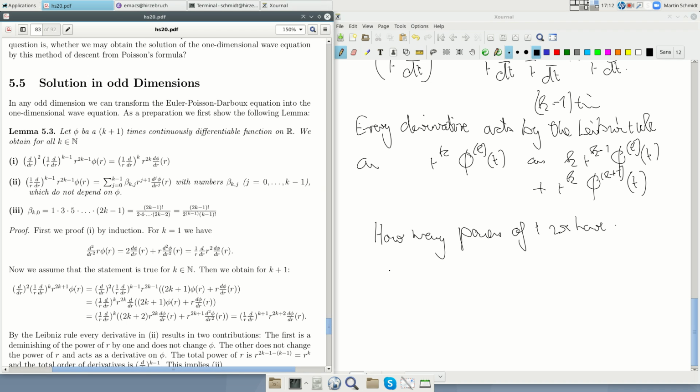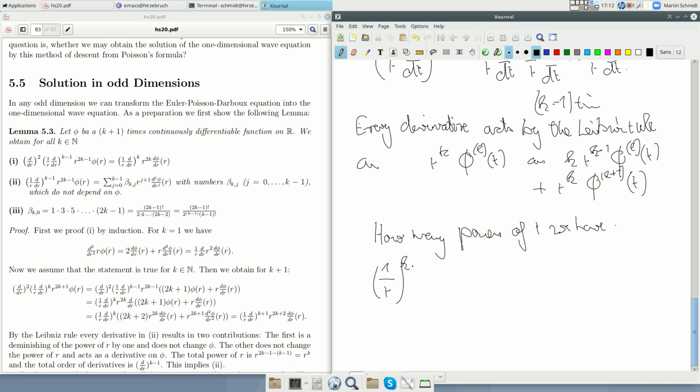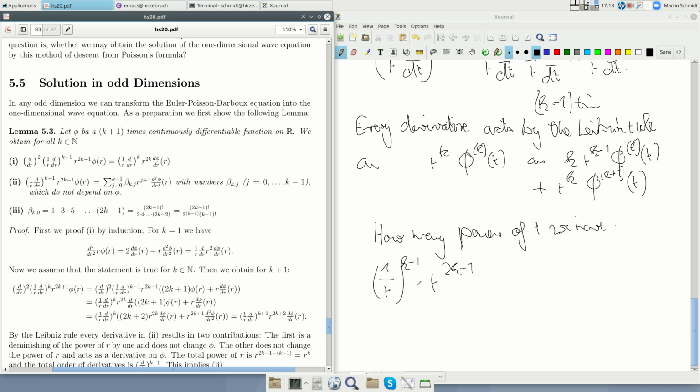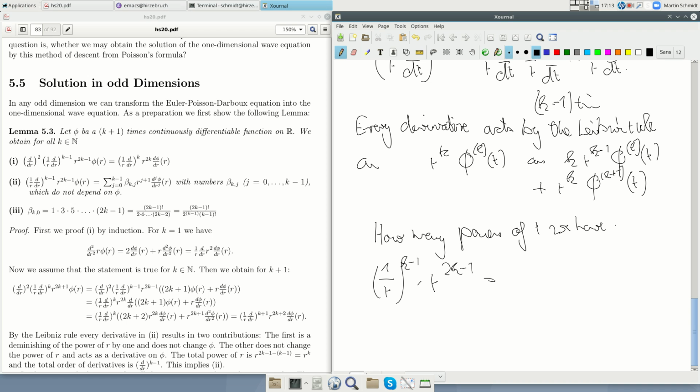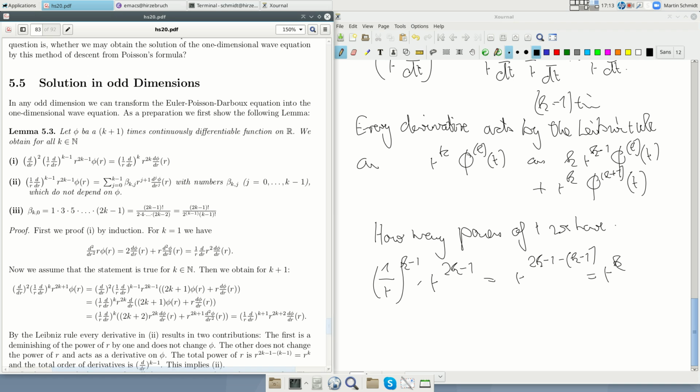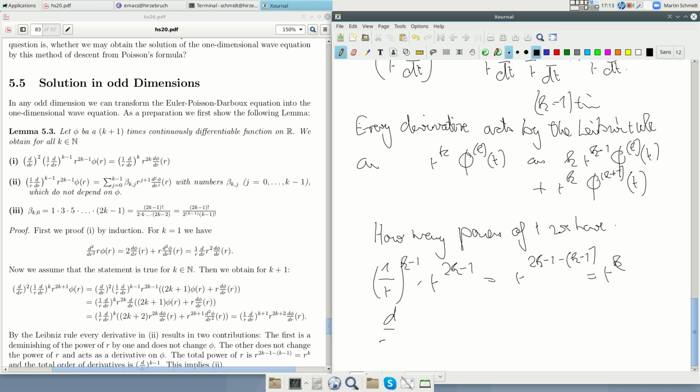All together, we have 1 over r to the power k minus 1 times r to the 2k minus 1, and this is of course r to the power of 2k minus 1 minus (k minus 1), and this is r to the power of k. So we have a kth power. And how many derivatives do we have? We have d by dr to the power of k minus 1. So we have k minus 1 derivatives.